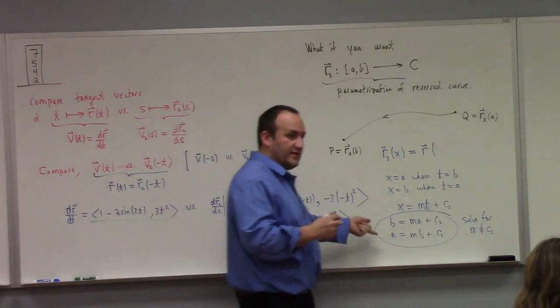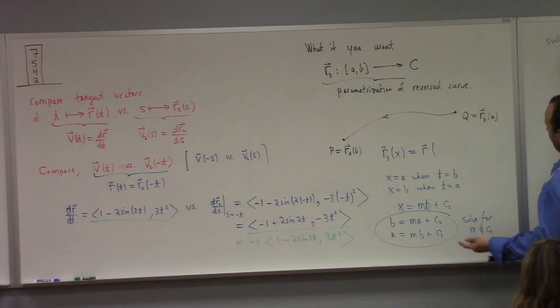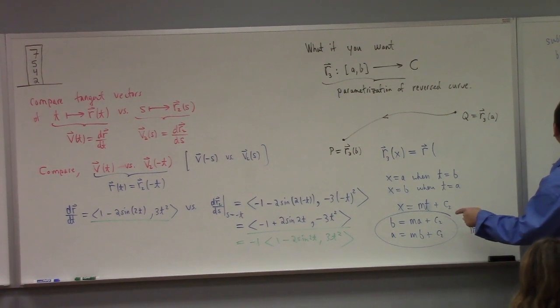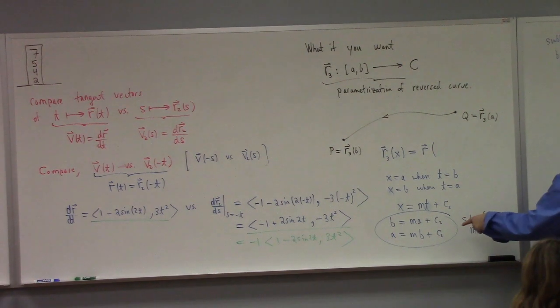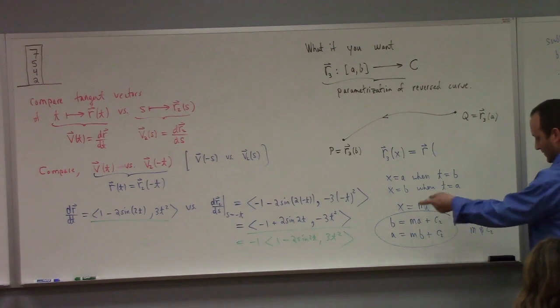If I subtract these equations, what's it give me? We get b minus a equals what? M times a minus b, right? Therefore, m is equal to b minus a over a minus b, otherwise known as minus 1, right? M is minus 1. And then plug that into either one of these.